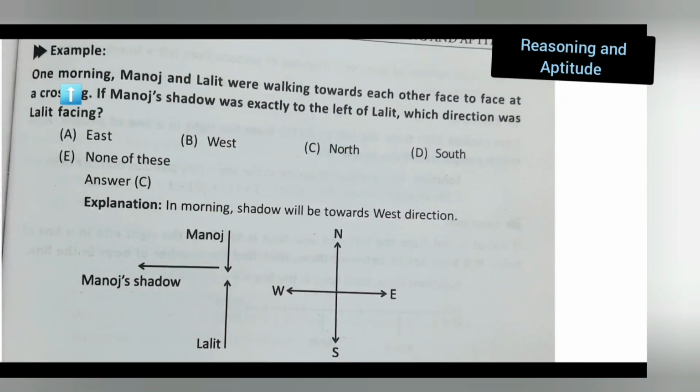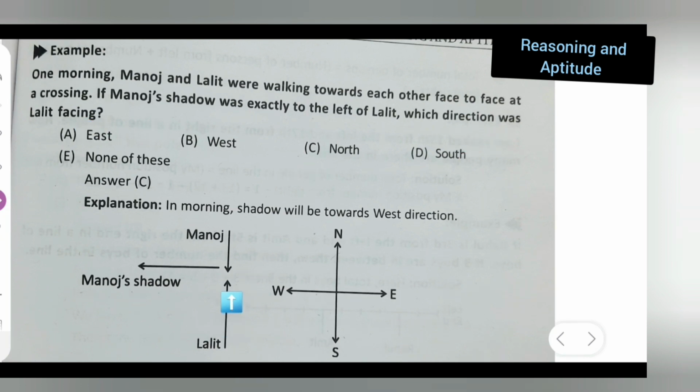So here, what is given? One morning, Manoj and Lalit were walking towards each other, face to face. If Manoj's shadow was exactly to the left of Lalit, which direction was Lalit facing?